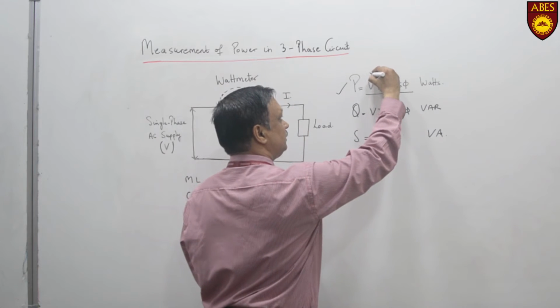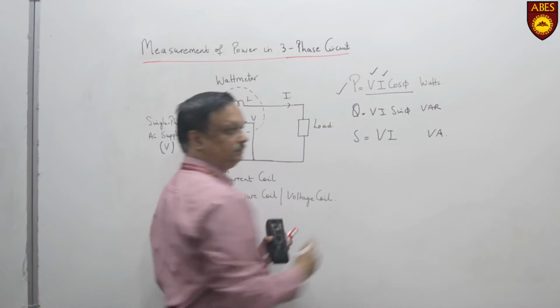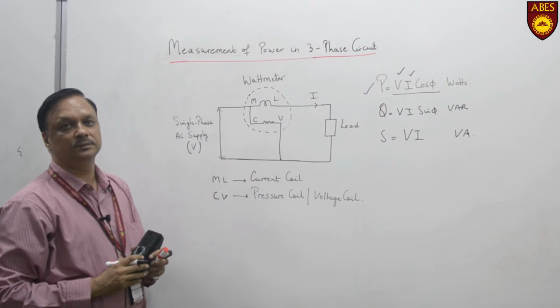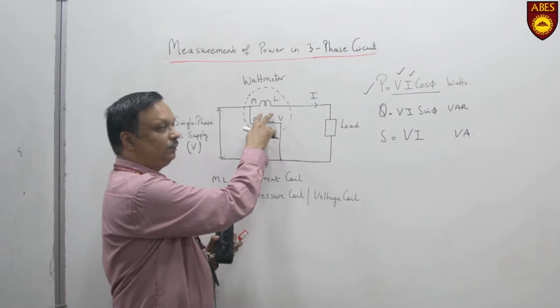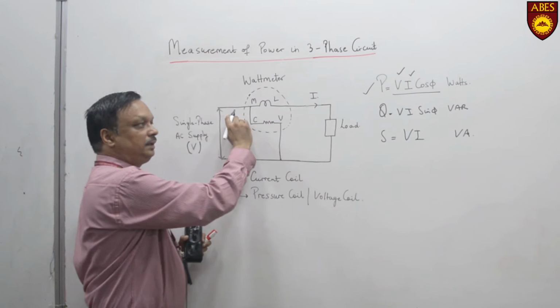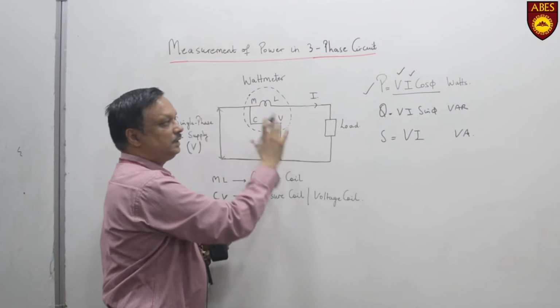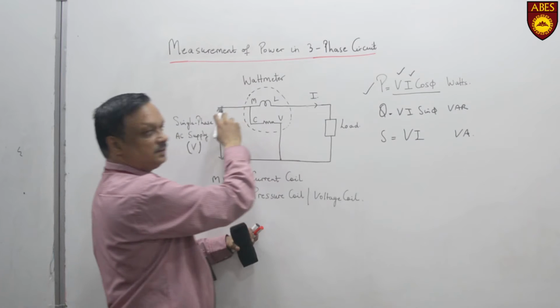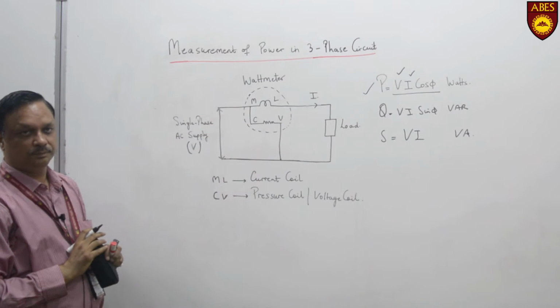Here it is the product of the voltage and the current, so the wattmeter should be able to measure the voltage and the current. The wattmeter is connected to a load which is connected in series with the source.